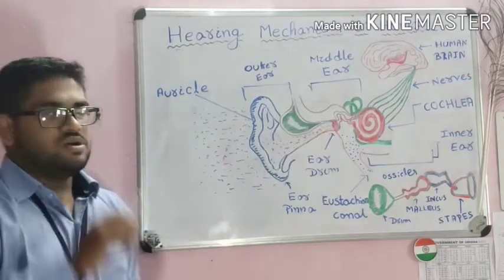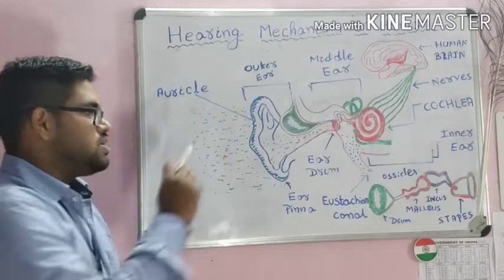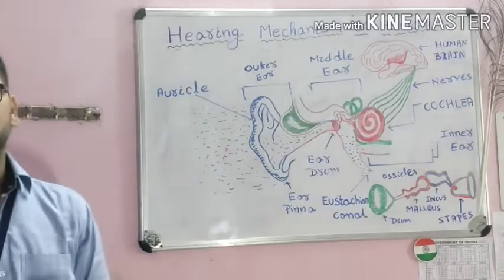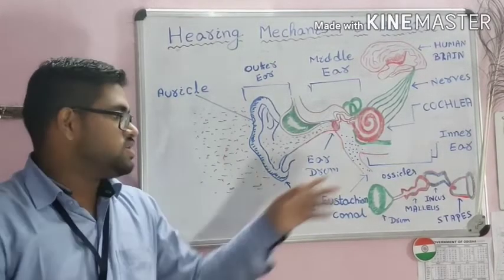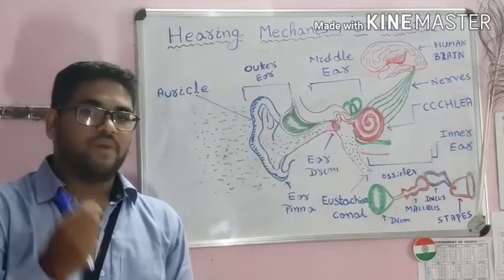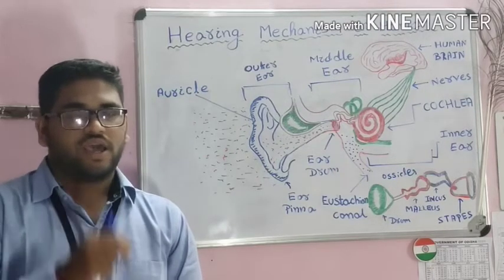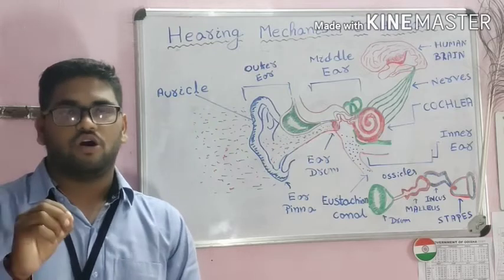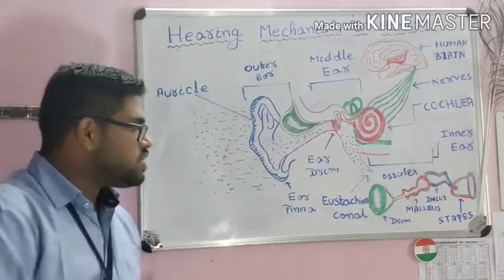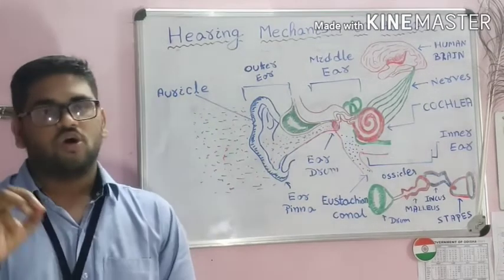The eardrum is present. After the eardrum, the three smallest bones of our body are present here, that are called malleus, incus and stapes. Stapes is the smallest bone of the human body. These three bones together are known as ossicles.